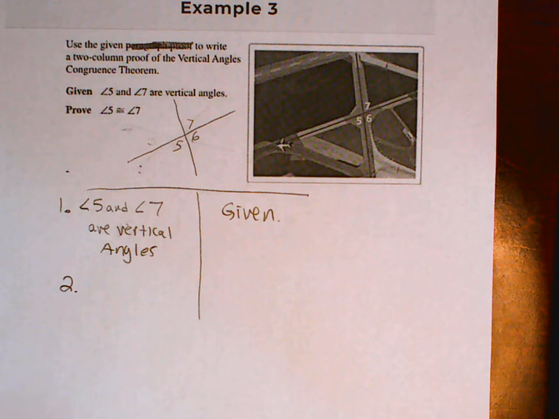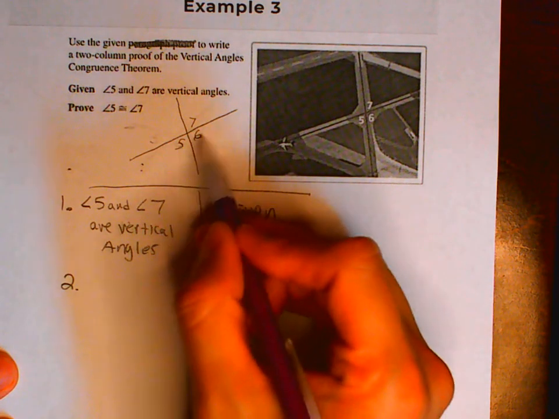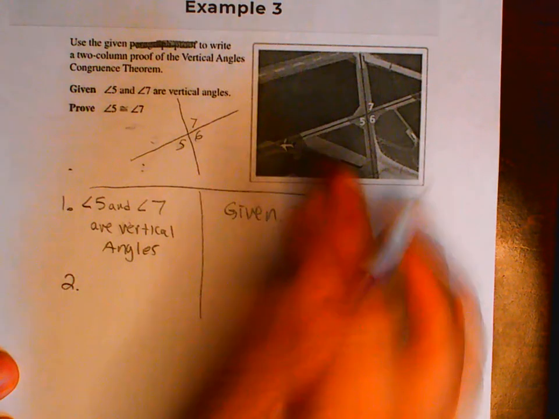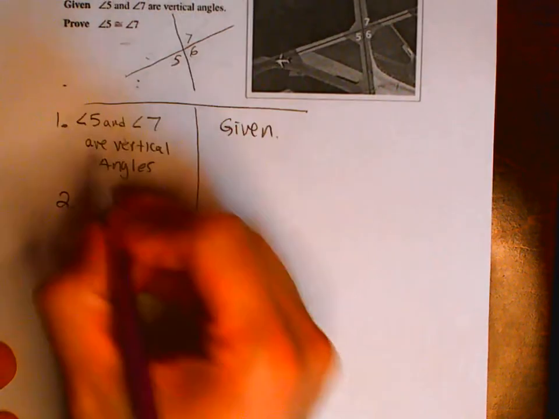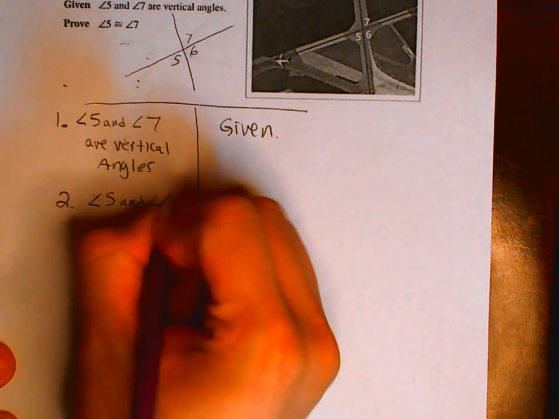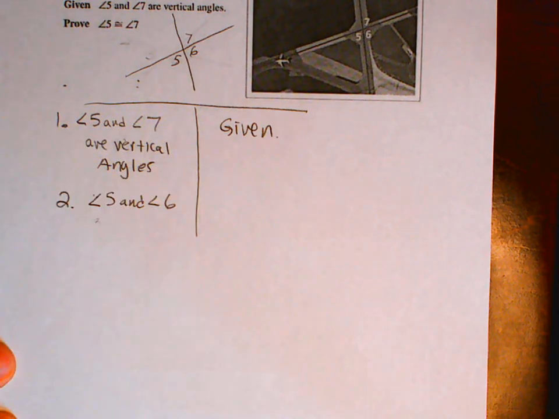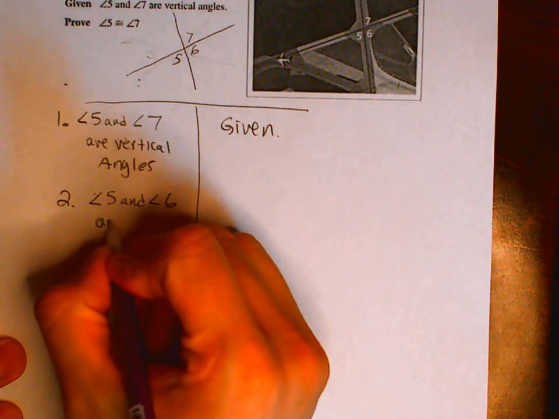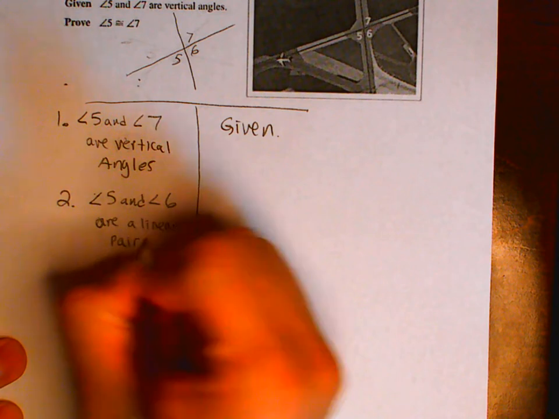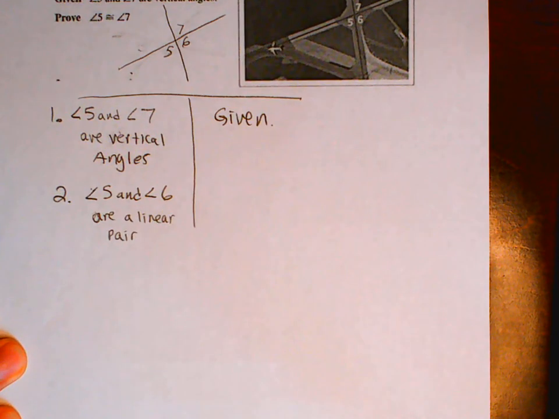Okay, so now let's take a look at angle 5 and angle 6. If you look at them, both of these angles form a linear pair, which means they're going to be supplementary. So we need to state that angle 5 and angle 6 are a linear pair.